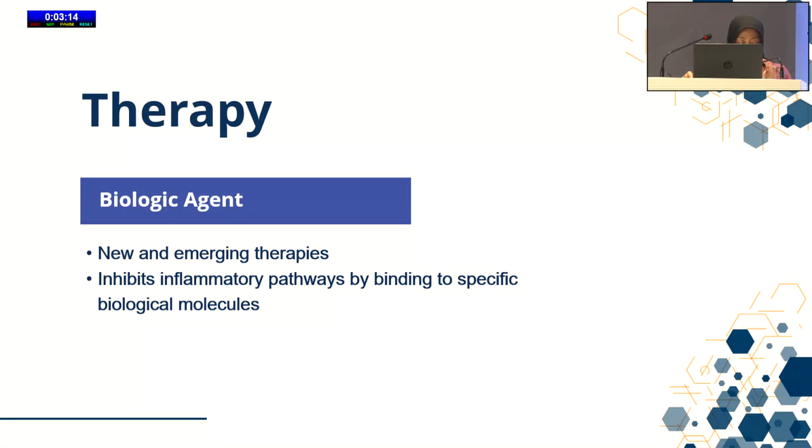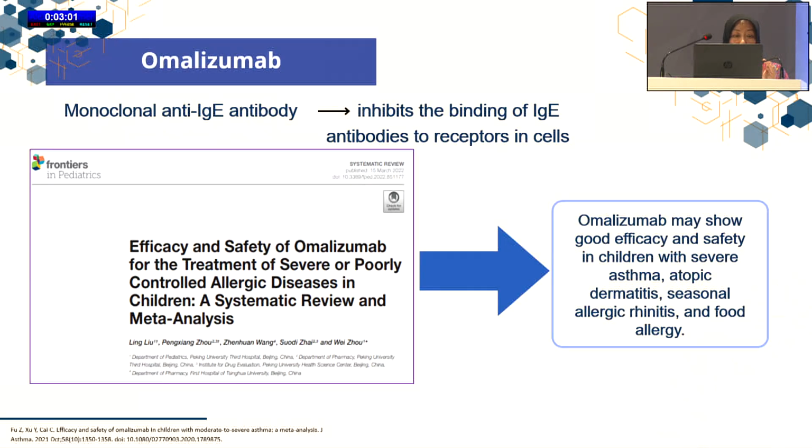The biological agents in allergy treatment target specific inflammatory pathways using monoclonal antibodies, providing more effective results than conventional therapy. Omalizumab, as an anti-IgE monoclonal antibody, works by inhibiting IgE and is effective for severe asthma, allergic rhinitis, and VKC that doesn't respond to conventional therapy.